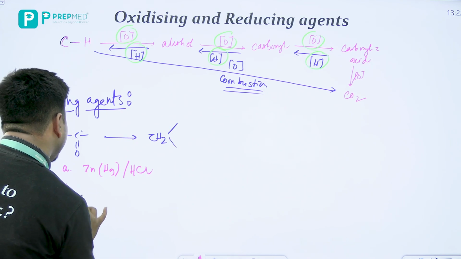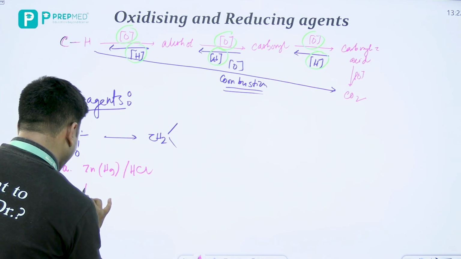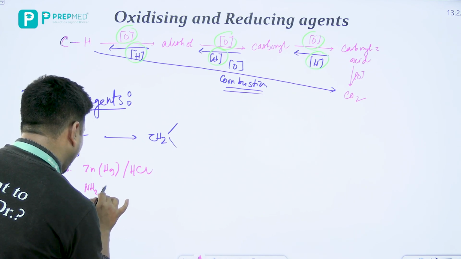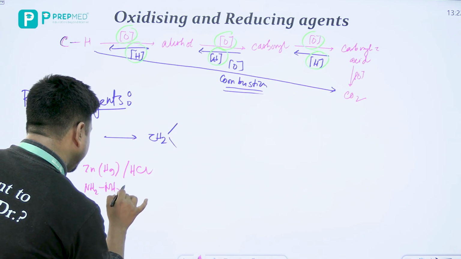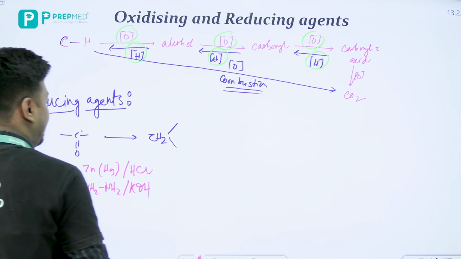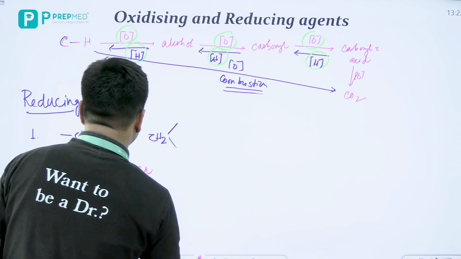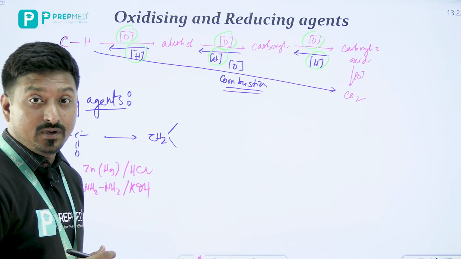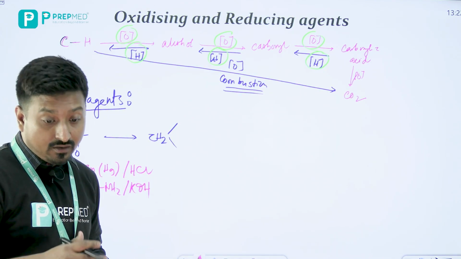We can also use, number B, hydrazine in alkaline medium, and this is known as the Wolff-Kishner reduction.